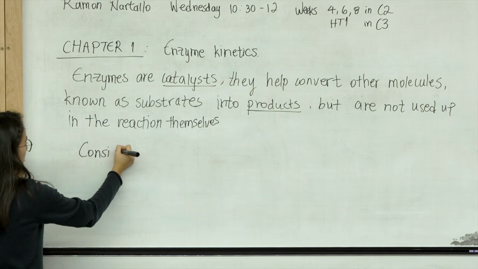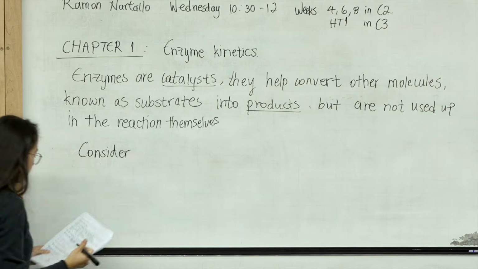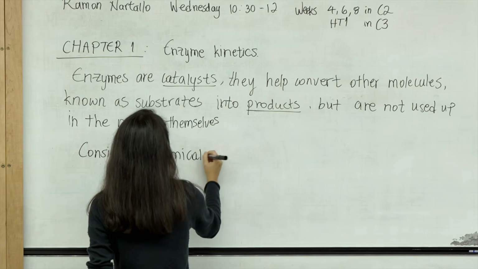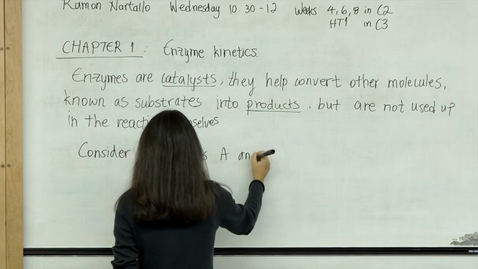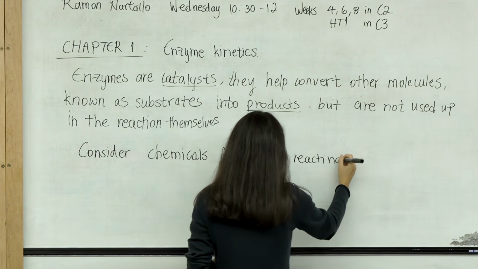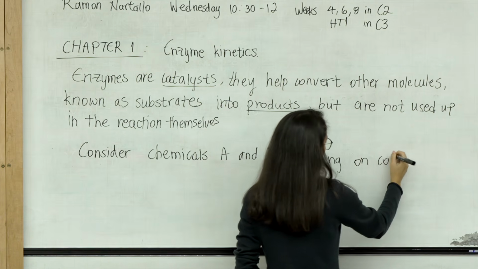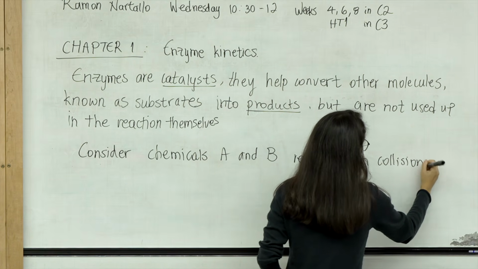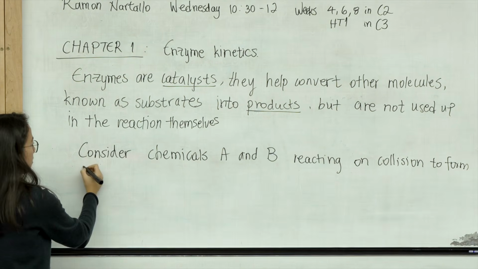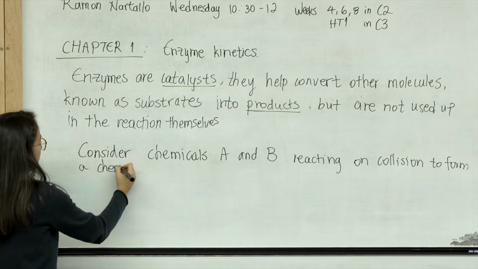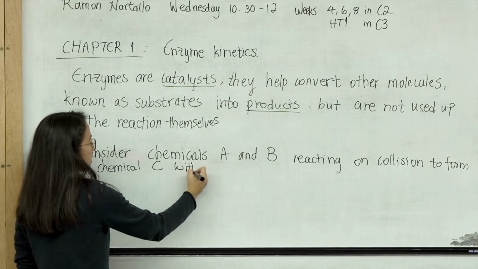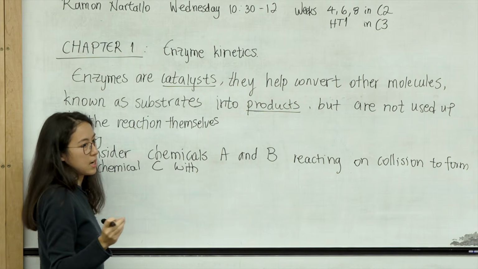So if I tell you to consider two chemicals A and B reacting. So they collide with each other to form some chemical, which I will denote by C. And I have to also specify the rate at which this reaction happens.